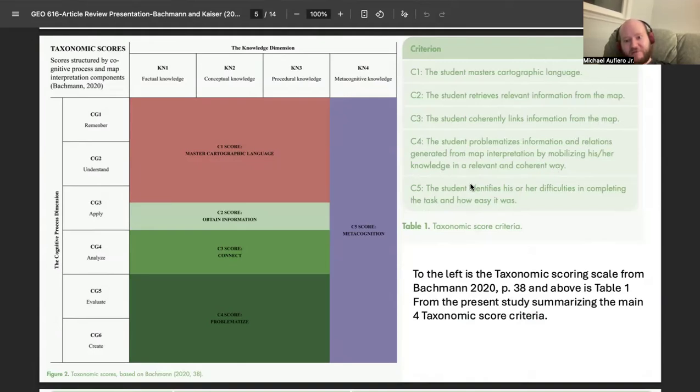And 5, the student identifies his or her difficulties in completing the task and how easy it was. So this was the taxonomic score criteria. So 4 is the best, and 1 was basic. But it was a combination of cognitive process dimension and a knowledge dimension.